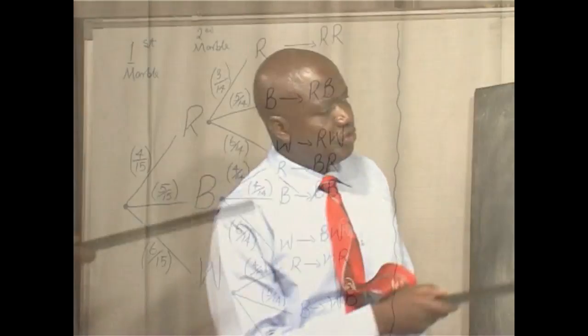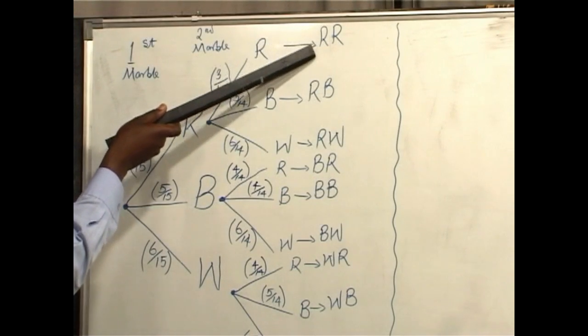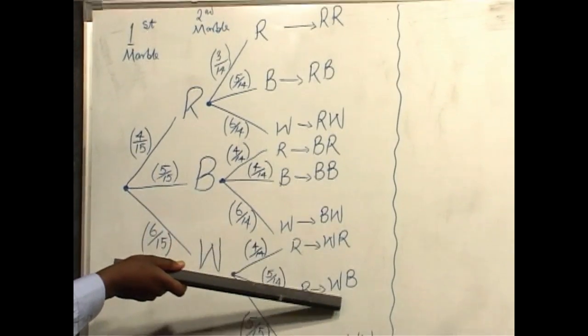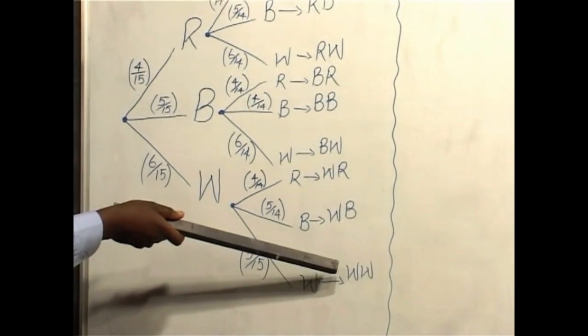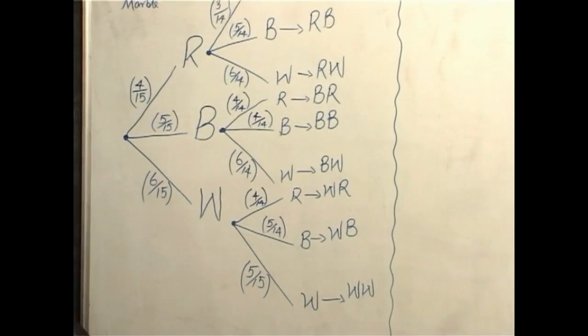Part A requires us to find the probability of having the first marble as red and the second one as black. So all we need to do is to go to our tree diagram and scan through these combinations and identify all the situations that are going to satisfy the condition given.